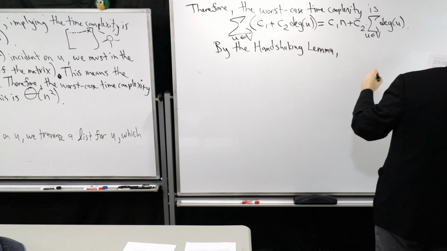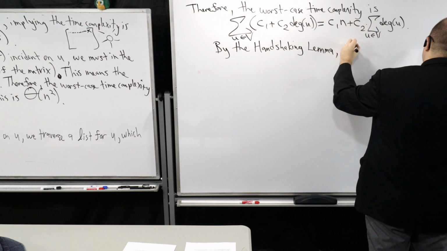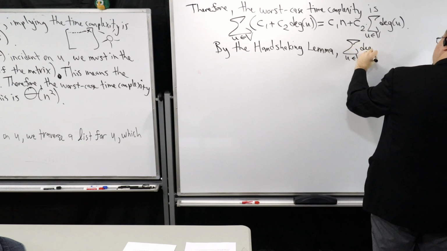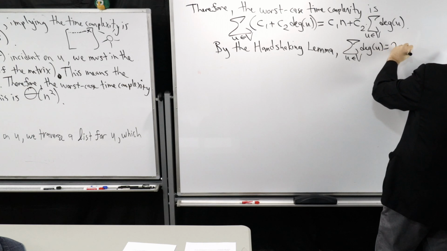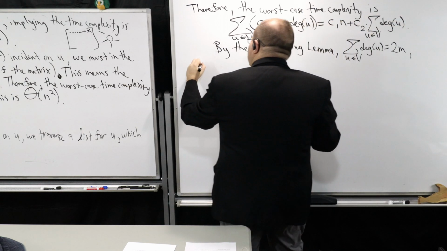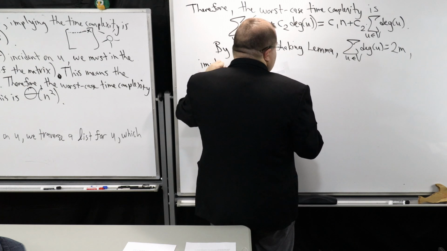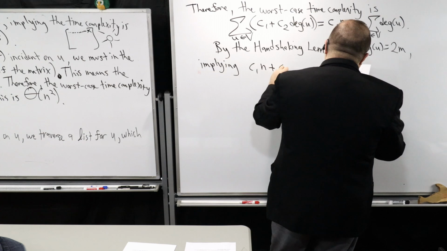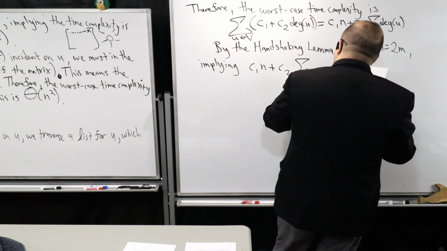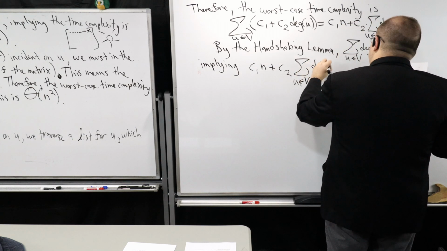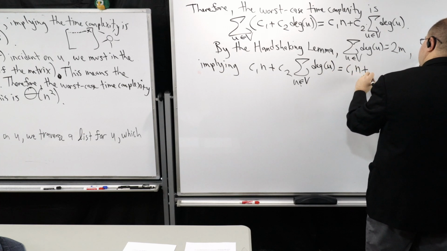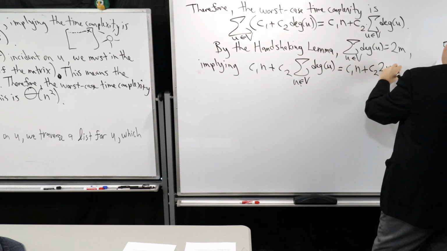By the handshaking lemma, the sum of the degrees of U is equal to 2 times M. That implies C1 times N plus C2 times the sum over all the vertices of the degree of U is equal to C1 times N plus C2 times 2M.